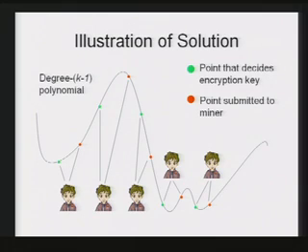Thus, he can interpolate this curve using these k red points, and because the x-coordinates of these green points are public, he can easily figure out all these green points, and then he can derive the encryption keys.